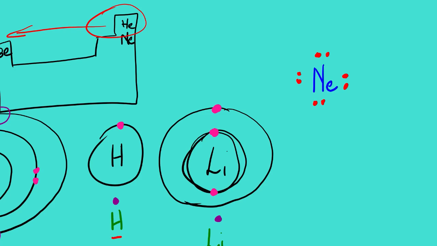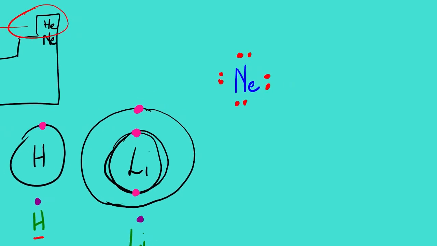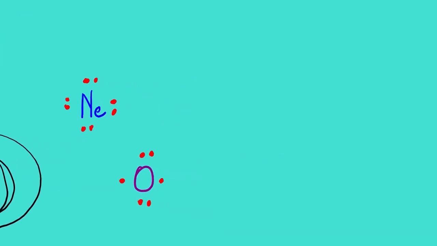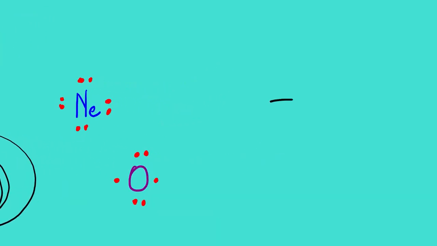We look at oxygen. Oxygen will have 6 electrons on the outermost energy level. We look at fluorine, group number 7, so it will have 7 electrons.